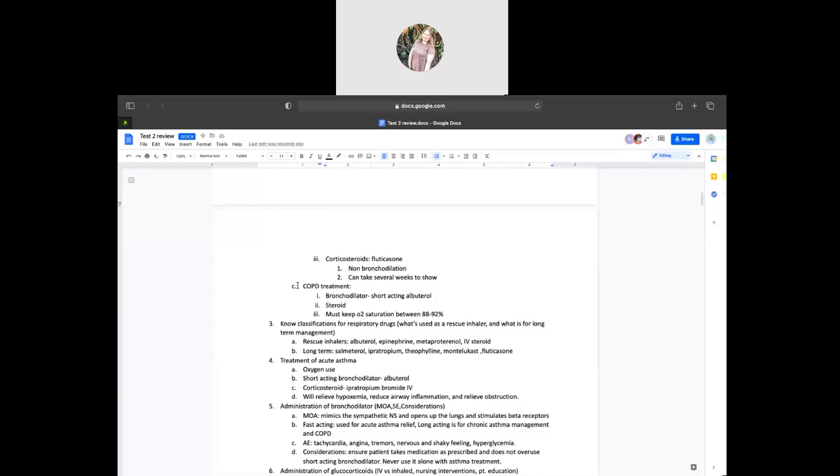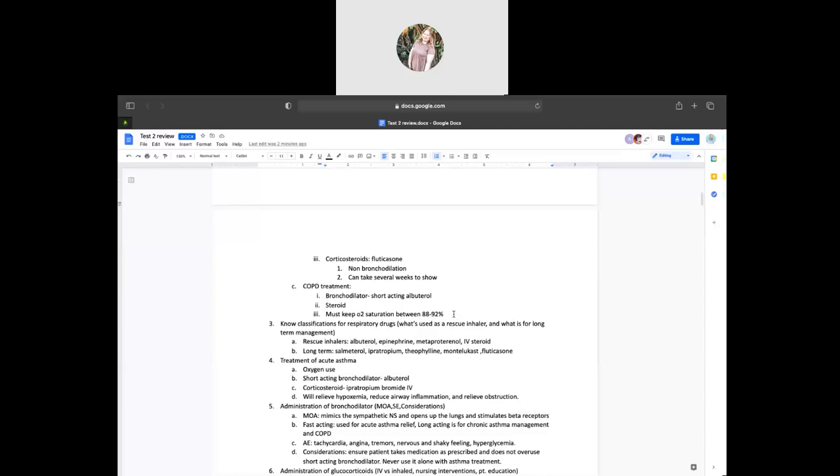With a lot of our treatments, we have to be very careful to not give them too much, to not give them too little, because we want to make sure that they can maintain a stable breathing pattern. We can use albuterol if needed. We can use steroids. However, we need to make sure that their O2 saturation is between 88 and 92%.